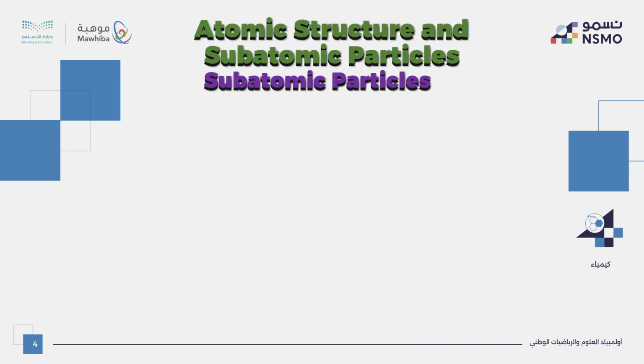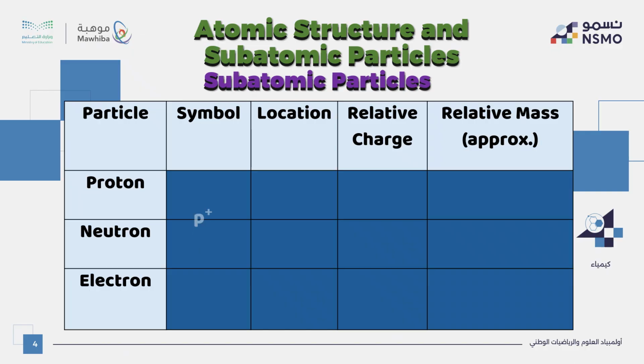Now let's examine the table of subatomic particles. A proton, with symbol P plus, is located in the nucleus and has one positive charge and a relative mass of 1 AMU. A neutron, symbol N0, is also located in the nucleus, has no charge, and a relative mass of 1 AMU.